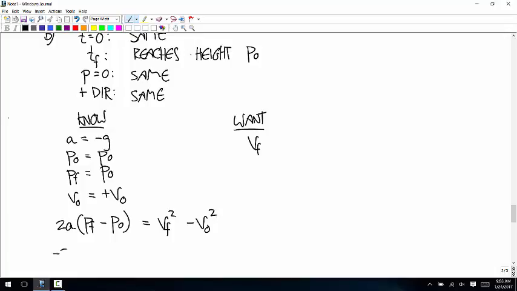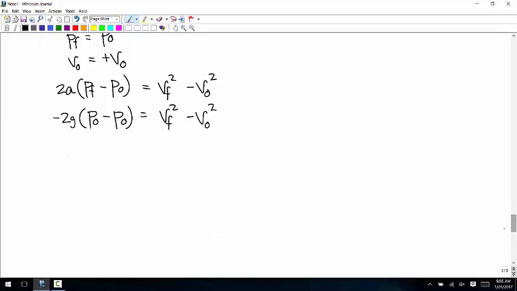So that says negative 2g times the quantity p0 minus p0 is equal to vf squared minus v0 squared. The left side goes away, and we end up with vf equal to plus or minus v0.